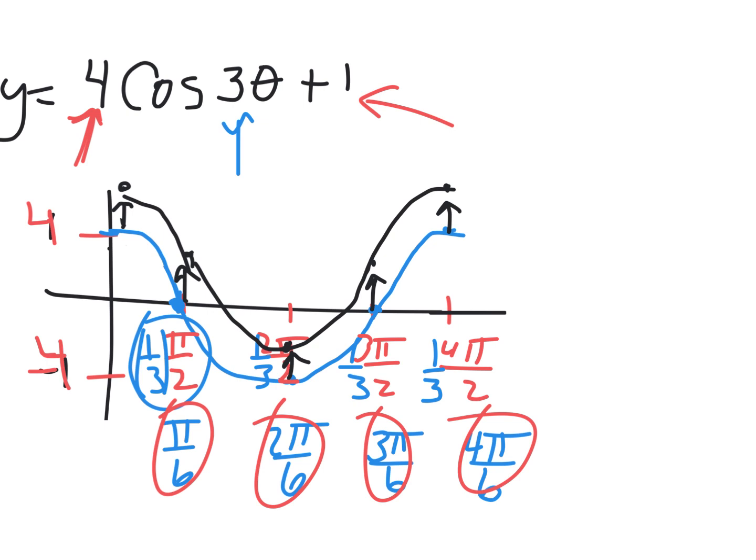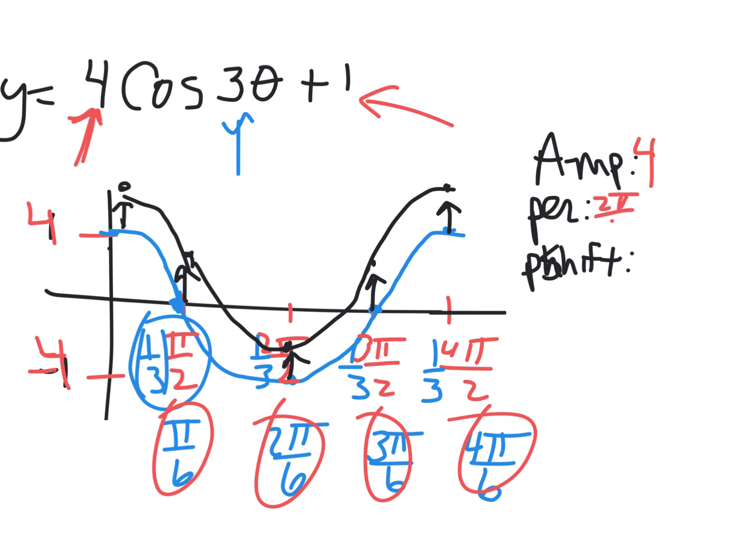Okay, last thing. Amplitude, it's not 1. Period, it's not 2 pi. And phase shift, I'm not telling. Chrissy, what's the amplitude? 4. 4. What's the period? 2 pi over 3, because it's 2 pi over b, and that's what 3 is.